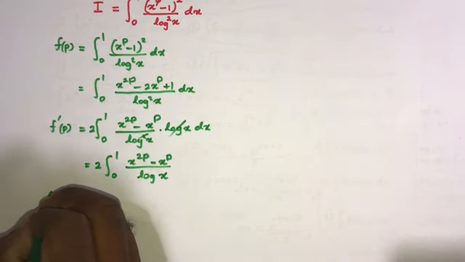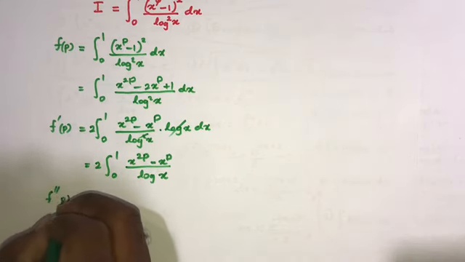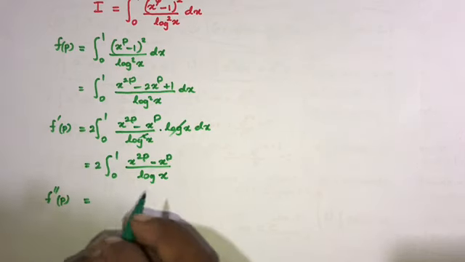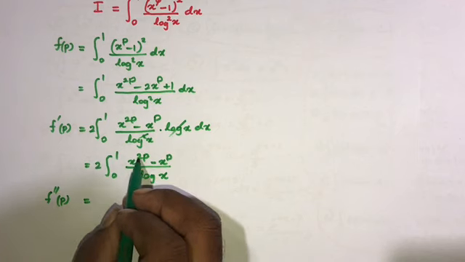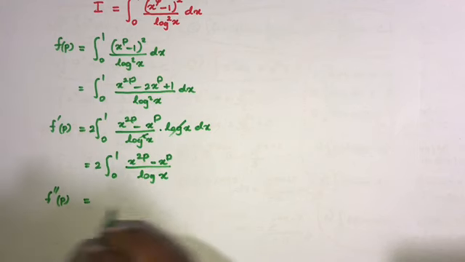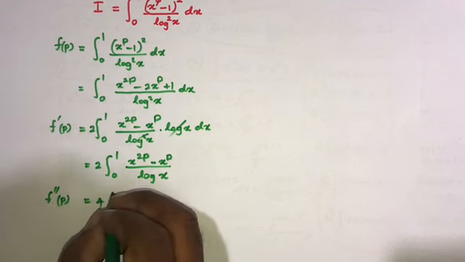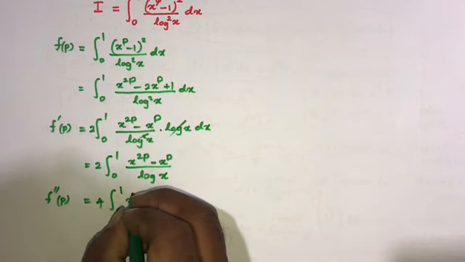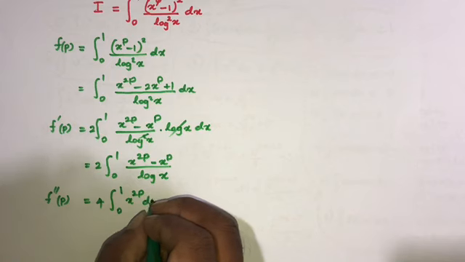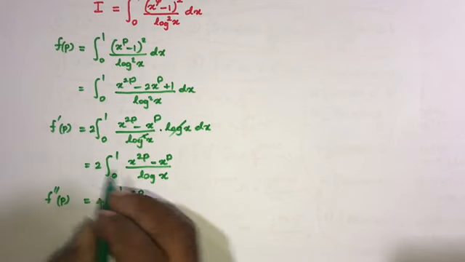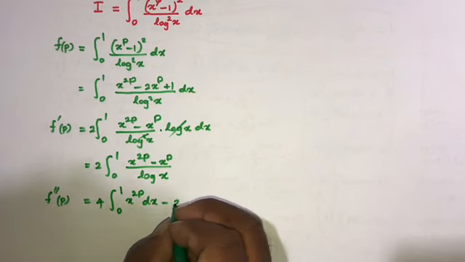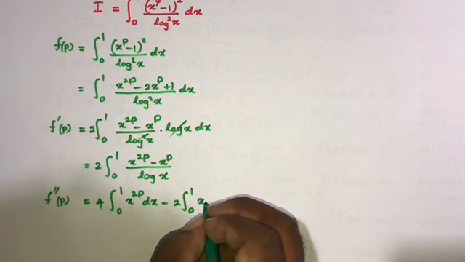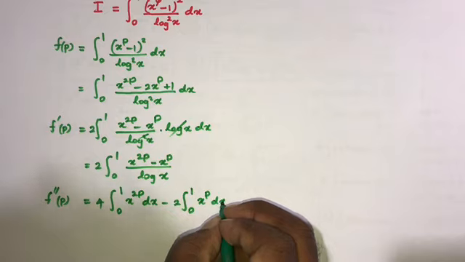So f''(p) is equal to 4 times the integral from 0 to 1 of x^(2p) dx, minus 2 times the integral from 0 to 1 of x^p dx.